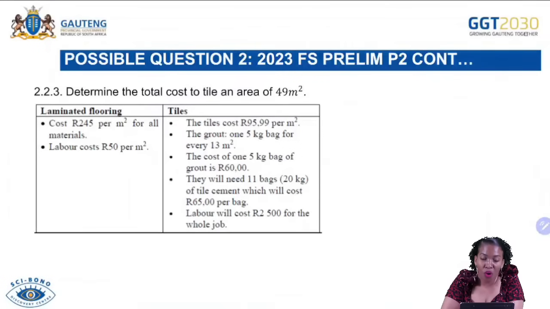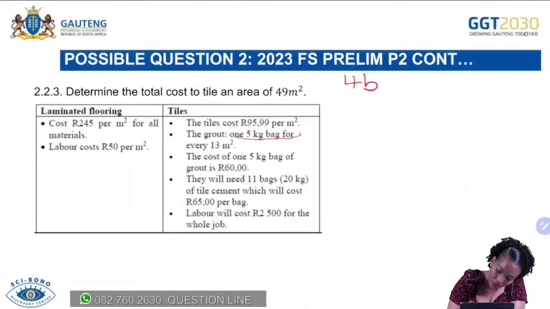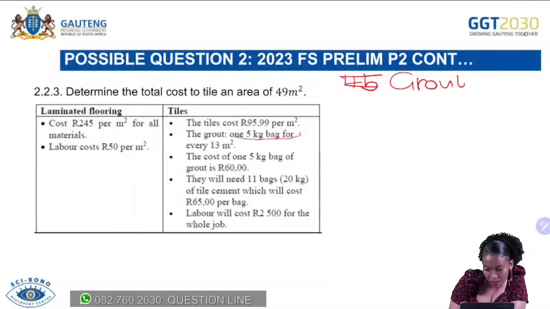Determine the total cost to tile an area of 49 square meters. Remember, for the grout they need to buy 4 bags. Let me start by saying grout. I'm sorry about the untidiness. So let's calculate the cost for grout.